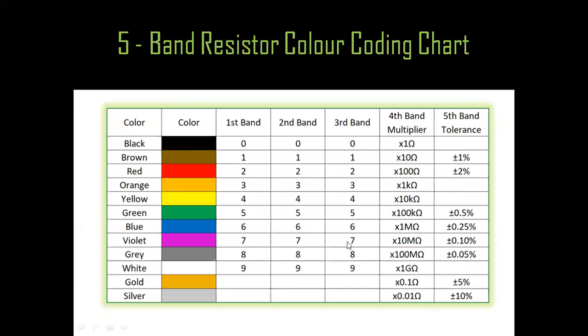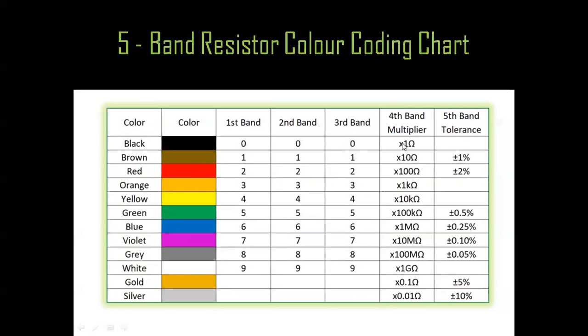Now, this table represents the relationship between different colors and the values for different colors. The first 3 columns of the table represent the first 3 color bands of the resistor in a 5-band resistor. Depending upon the color of these 3 color bands, the value of the resistor changes.